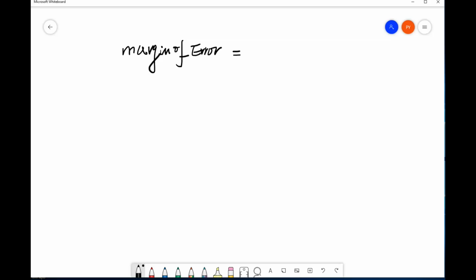There are two formulas. The first formula is for when the standard deviation is given. So this is z times sigma over the square root of n. Let's call this equation number 1.